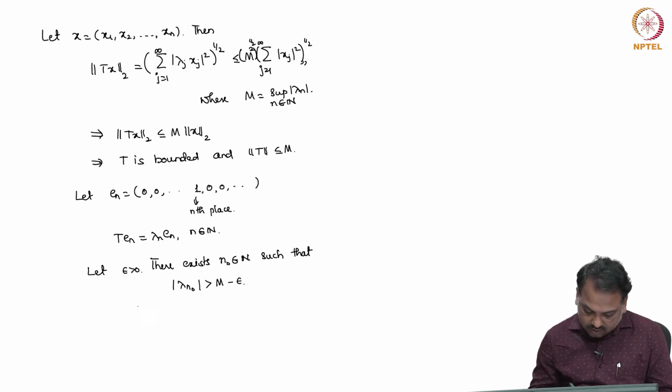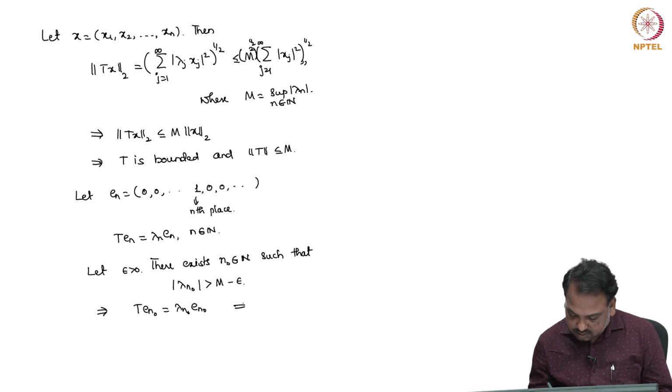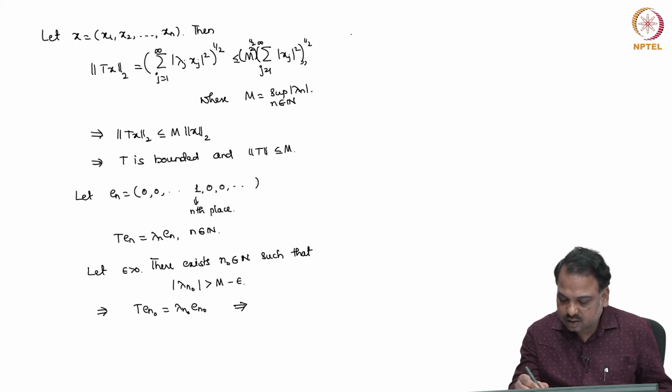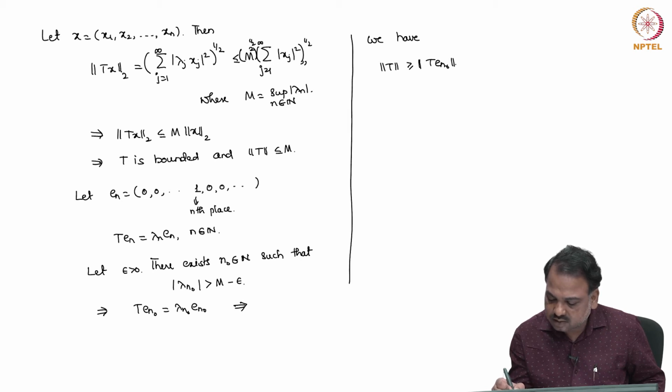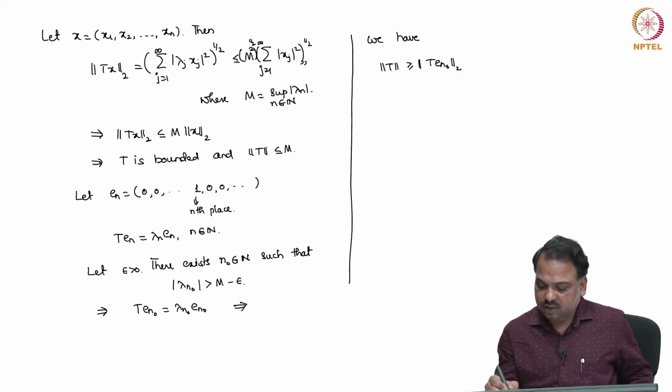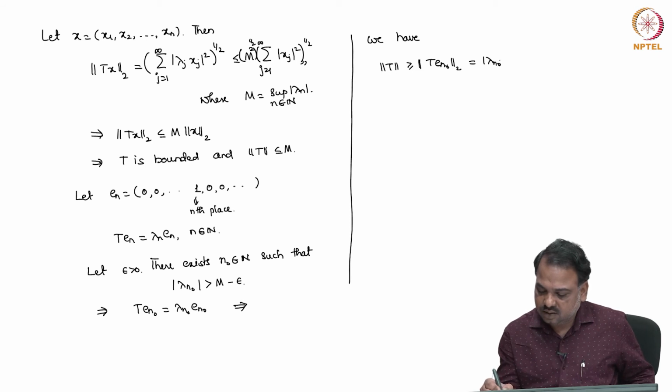So that means T of En naught is lambda n naught En naught. So we have norm of T is bigger than or equal to norm of T En naught in the L2 norm. But this is mod lambda n naught times norm of En naught.